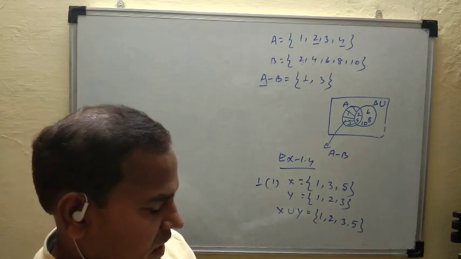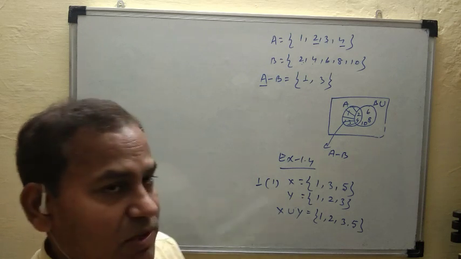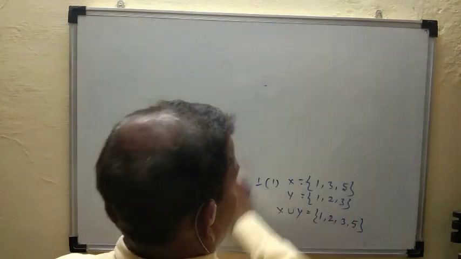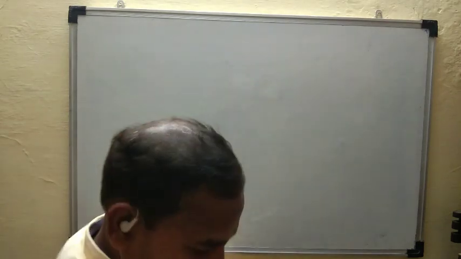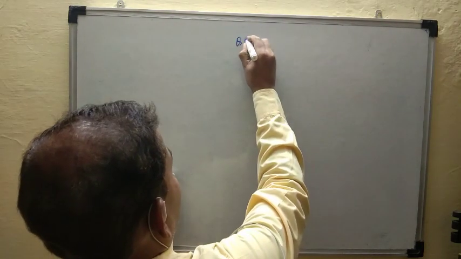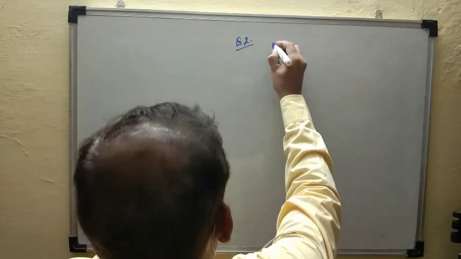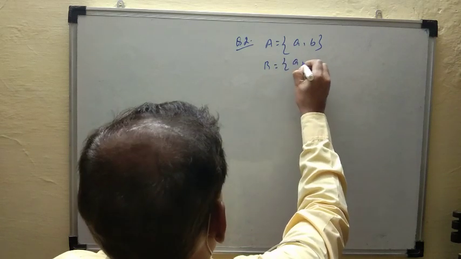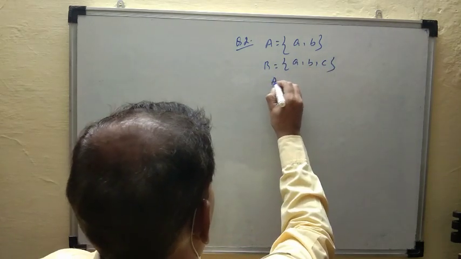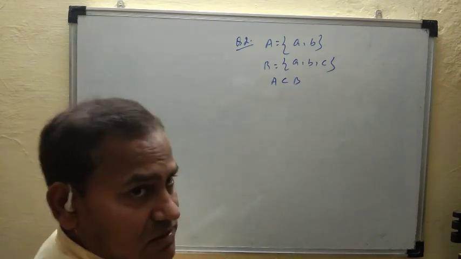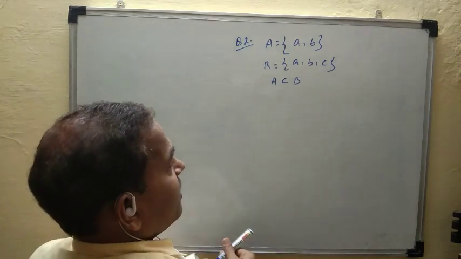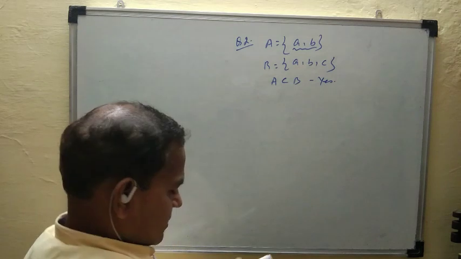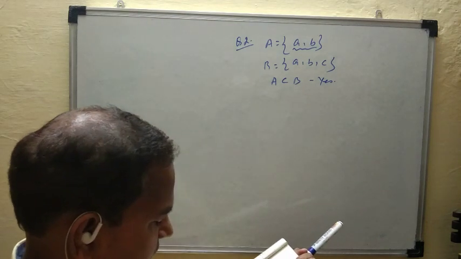You check whether every element of set A belongs in B. Question number 2: A is {a, b} and B is {a, b, c}. Is A a subset of B? Yes, A is a subset of B, because every element of A belongs to set B. Also, what is A union B?